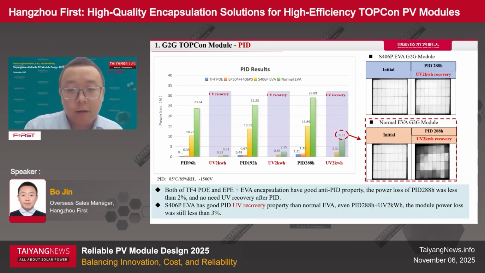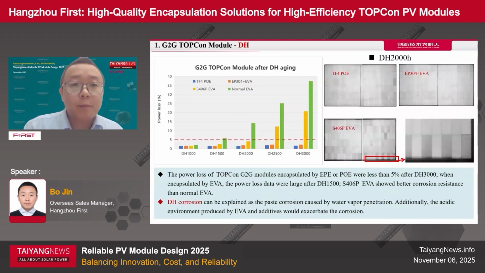The anti-PID properties are pretty good, and when you use the cost-effective solution of anti-acid EVA S406P on both sides, you can see that after the UV recovery, the PID is still under control. But when you use the normal EVA as the encapsulation, then you can see the power loss even after PID 96.